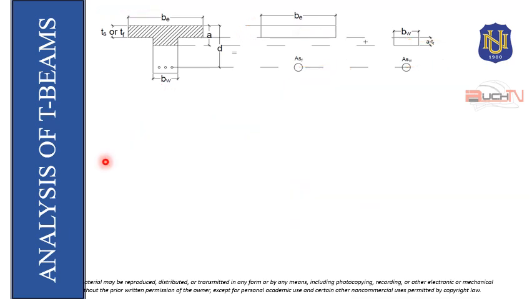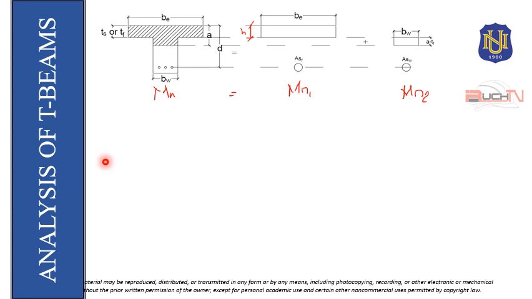Now, how do we get the nominal moment capacity of this beam using method 1? As I said, this is Mn. It is equivalent to Mn1 of the first diagram and Mn2 of the second diagram. Then, this is h, from this one to this one, this is h. And this is a minus h, or a minus the thickness of the slab.